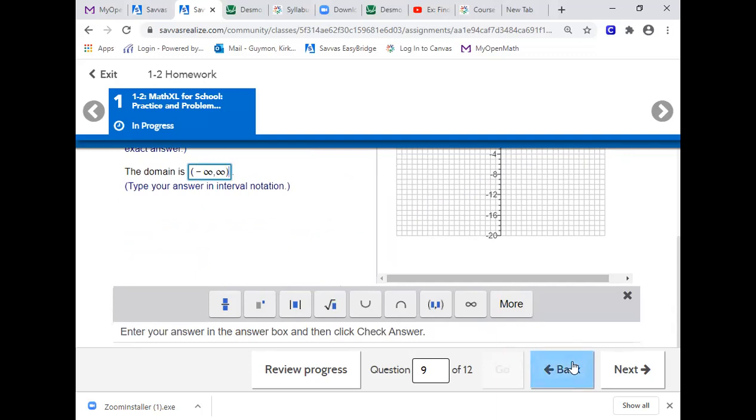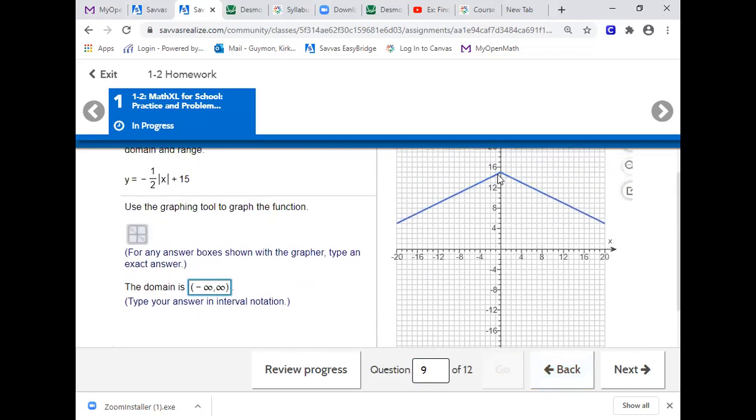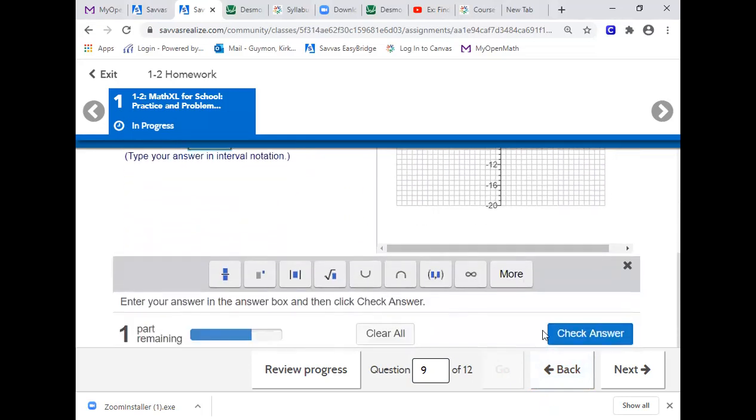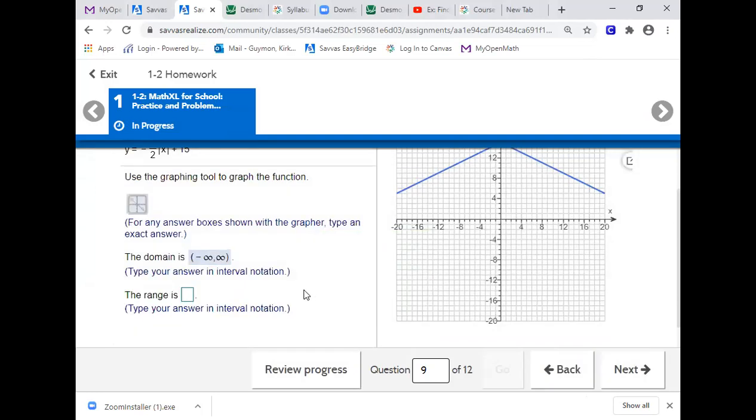Like right now, I'm using the parentheses on the keyboard. So this definitely feels like it's right. Negative infinity to the left forever. To the right forever, domain is X, so left and right. So I probably typed something wrong the other time.